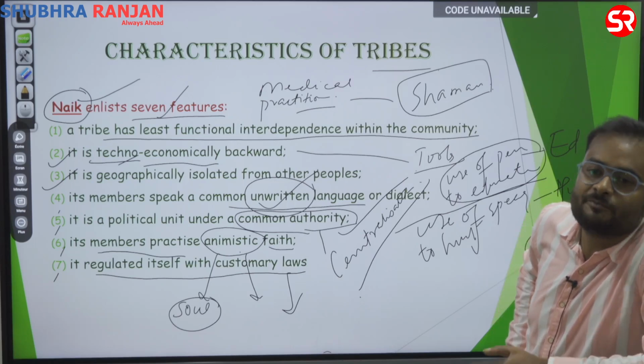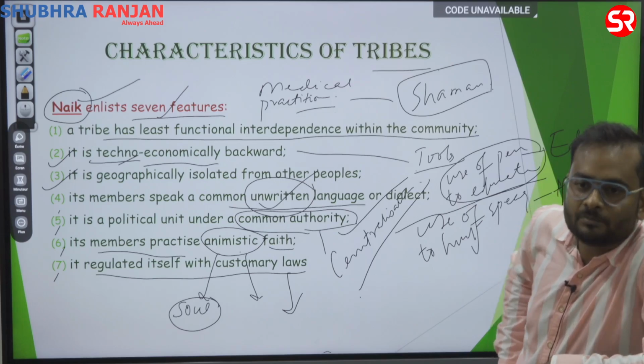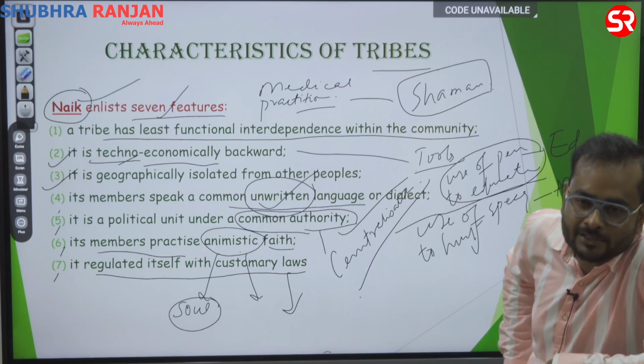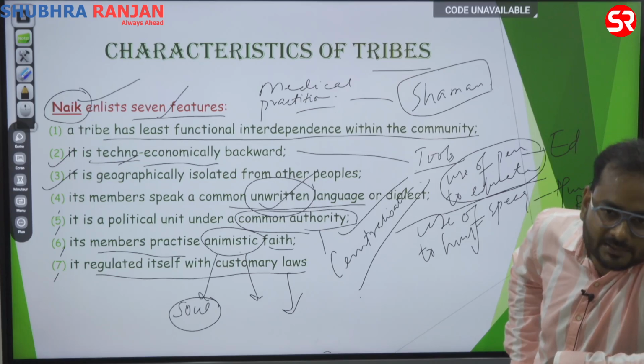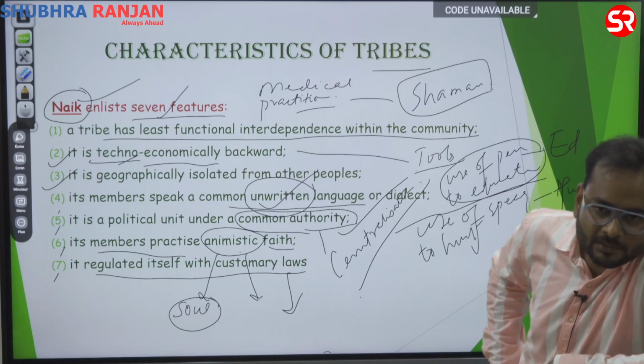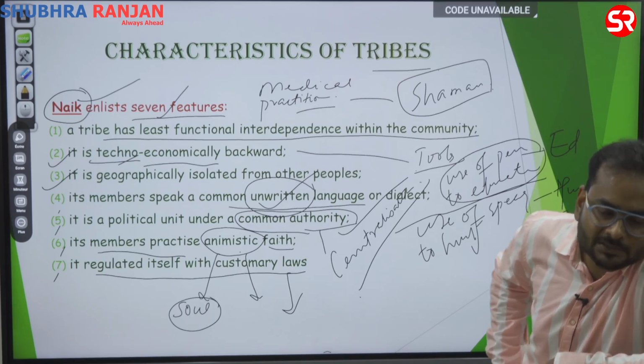There is a custom of marriage by elopement, isn't it? So in your democratic institution, when somebody elopes, you can register a case in the police station, isn't it? But in their life, what happens?